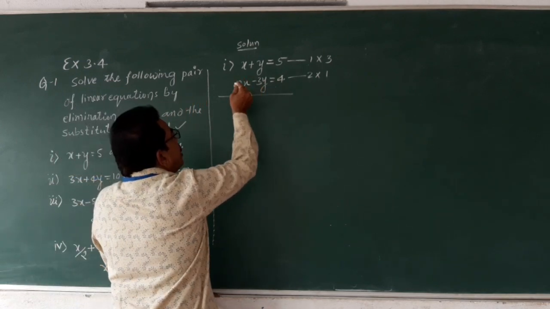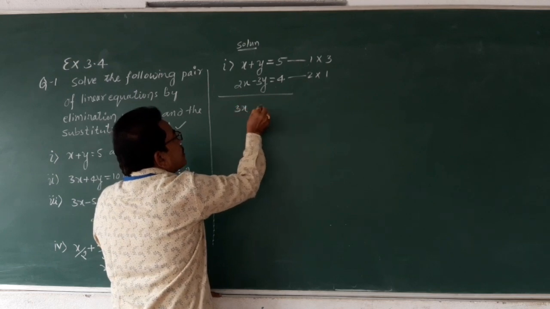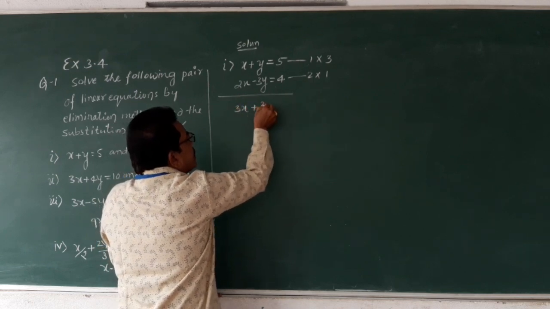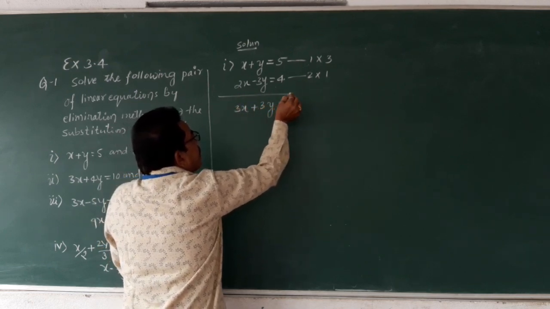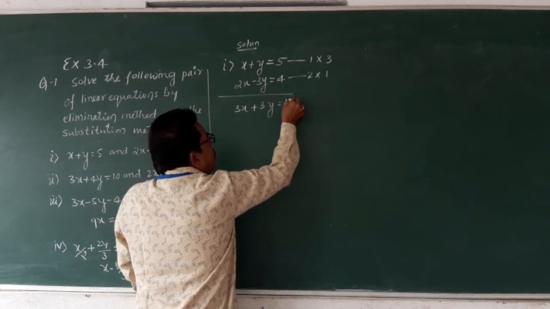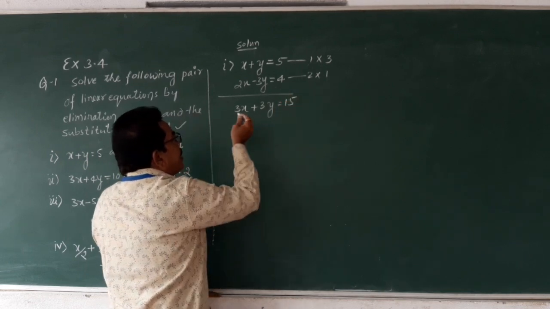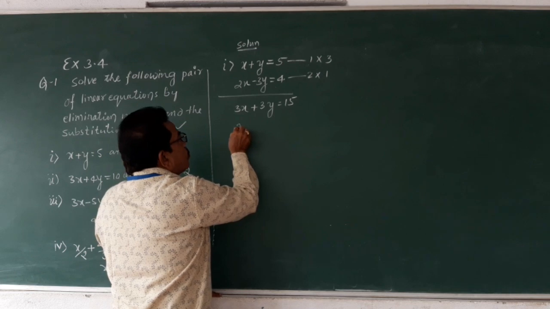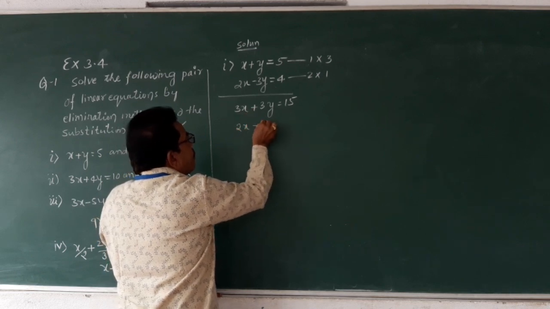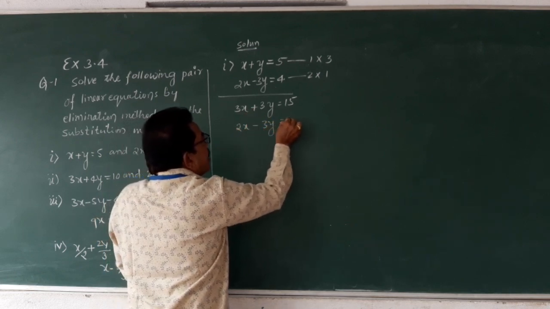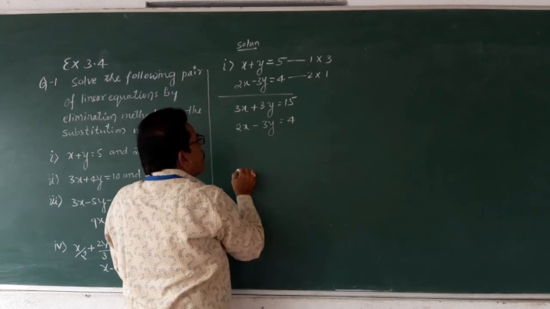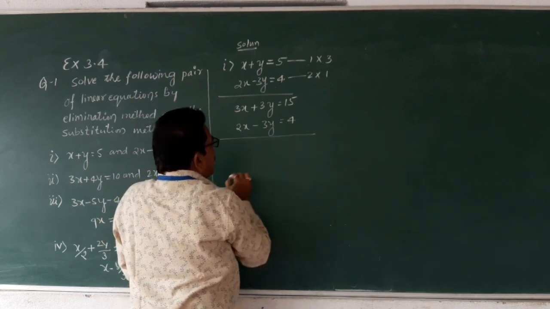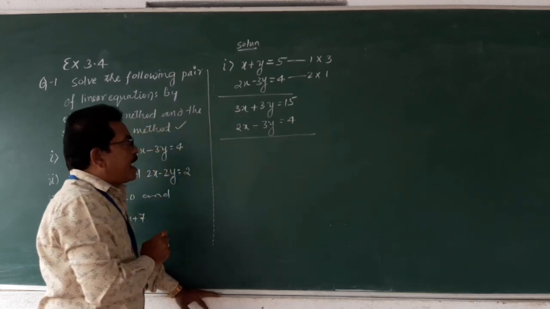So 3 into x, 3x plus 3y, 3 5s are 15. Then 2x minus 3y equals to 4, 1s are 4. See, the difference of sign is there.